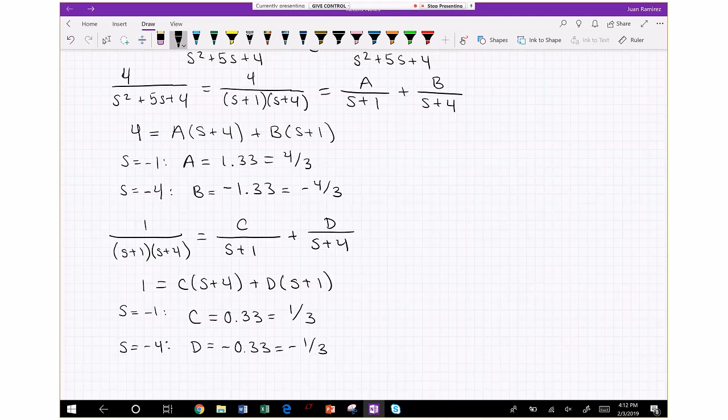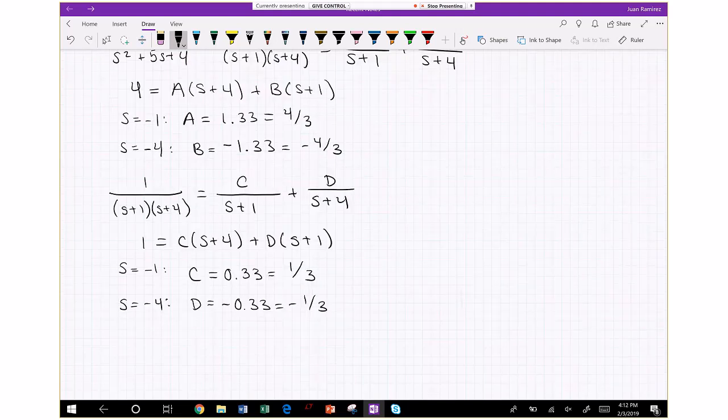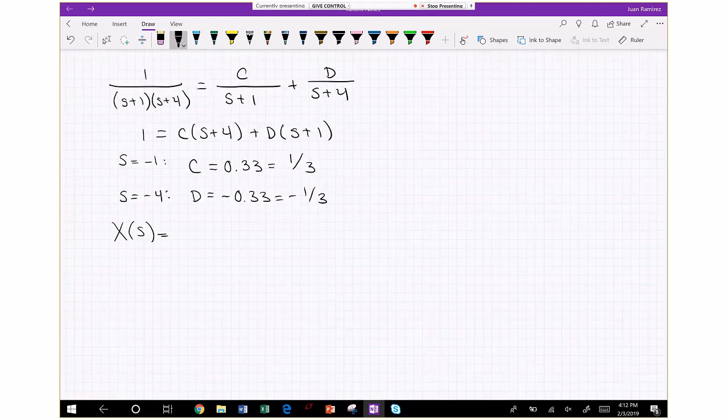So what I'm going to do is rewrite that s domain function with the decomposed fractions. So that was your value of a, value of b.